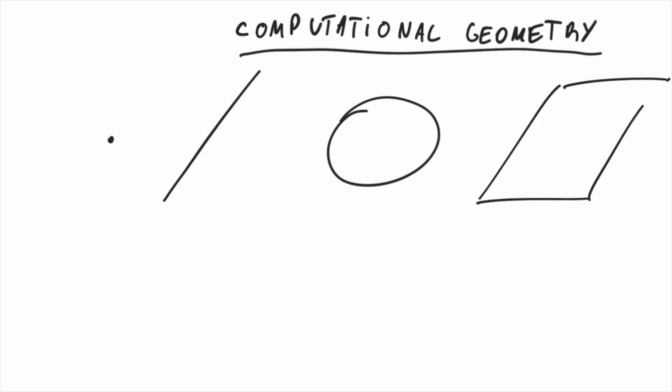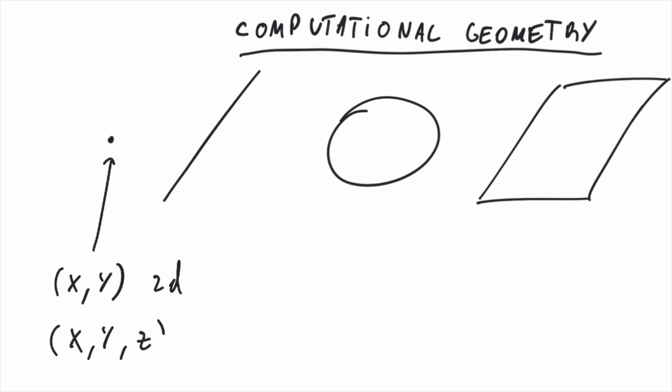And each of these objects has a representation. A point may be represented as a pair of coordinates in a Cartesian plane. But that is a two-dimensional object. A point can also be represented as a three-tuple of values in 3 dimensions.